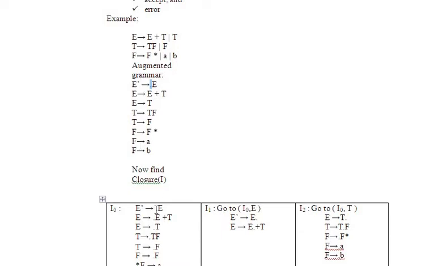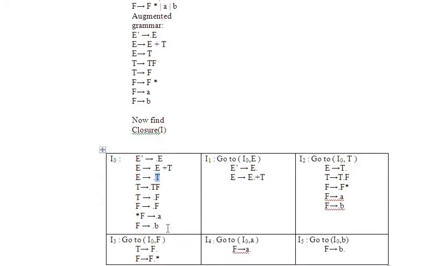So I0 means E dash gives dot E; just put dot before your starting symbol. After dot you have a non-terminal, so consider its productions. Its productions are E gives E plus T and E gives T. So E gives dot E plus T, then E gives dot T. Here T is a non-terminal.